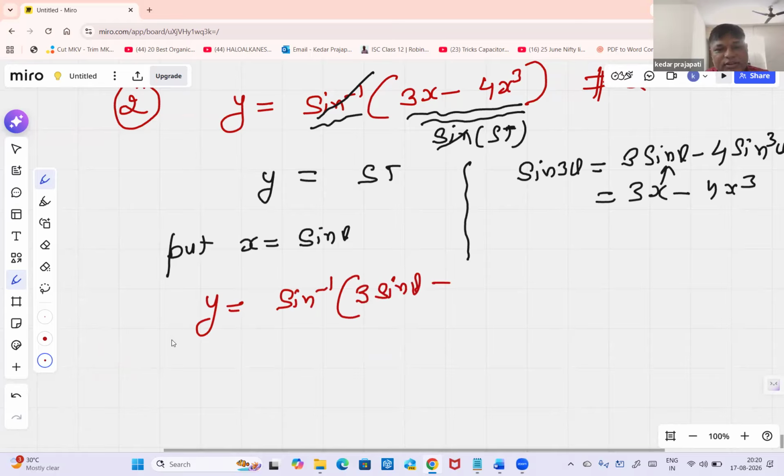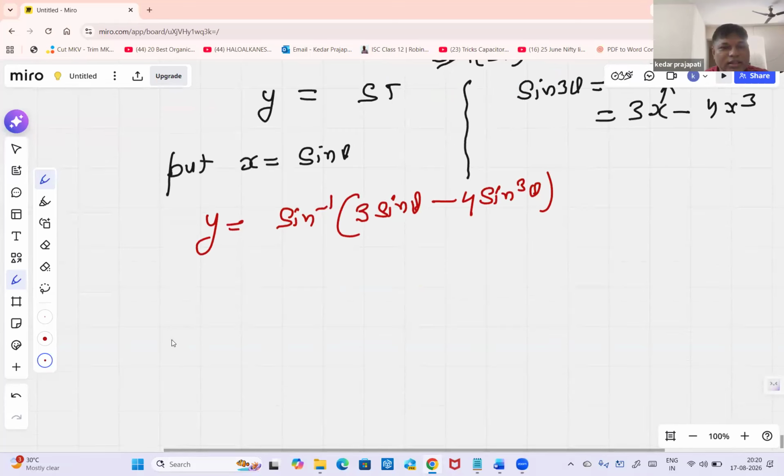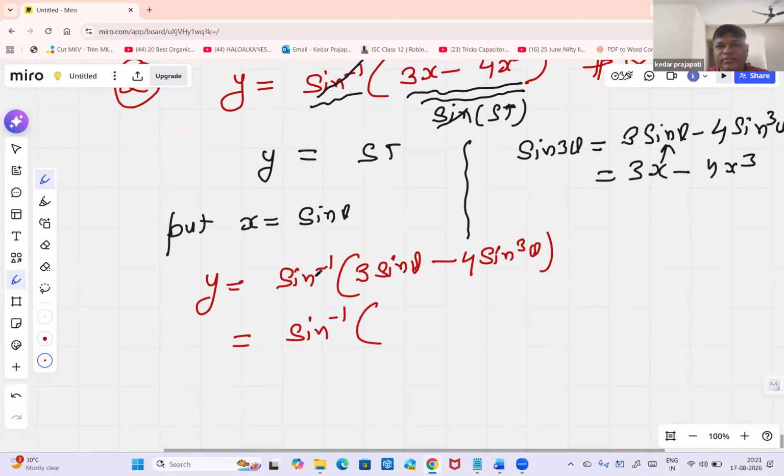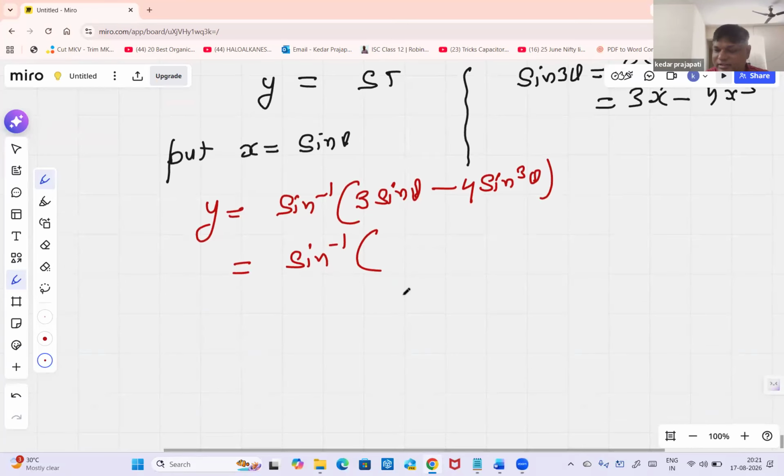I am writing this. This will become sine inverse, and this value we already know from here. 3 sine theta minus 4 sine cube theta will be written as sine 3 theta.